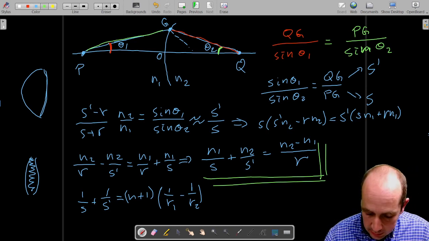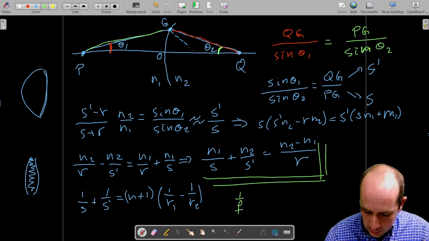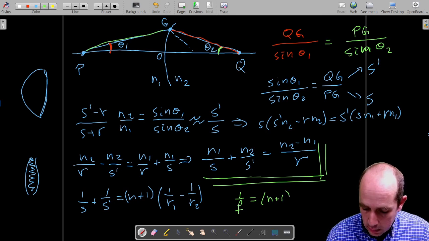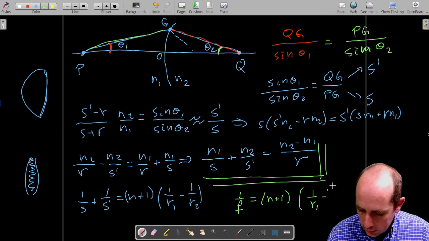So what we get is 1 over f will be equal to (n minus 1) multiplied by (1 over r1 minus 1 over r2).